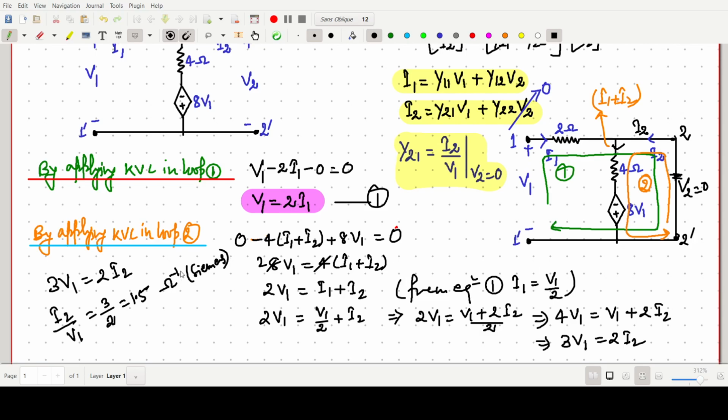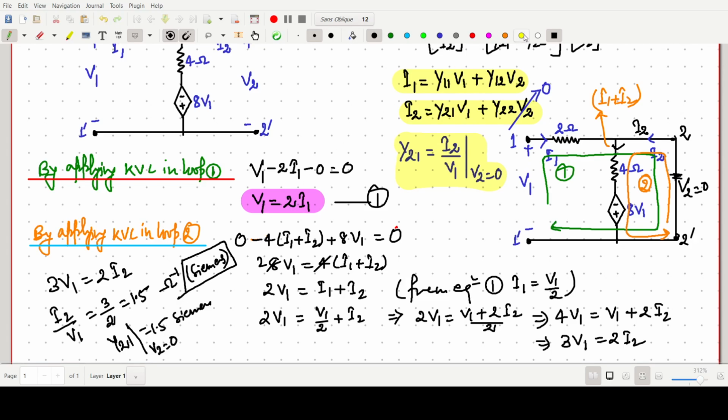In the question it is written in terms of Siemens, so you can write 1.5 Siemens. This is our Y21 value, with V2 equals 0.